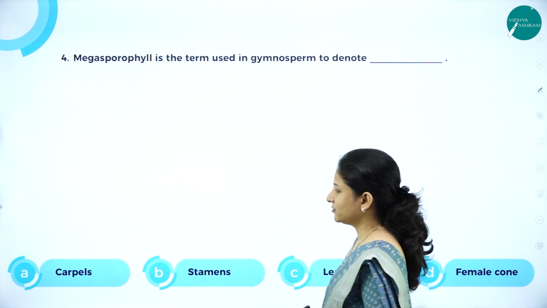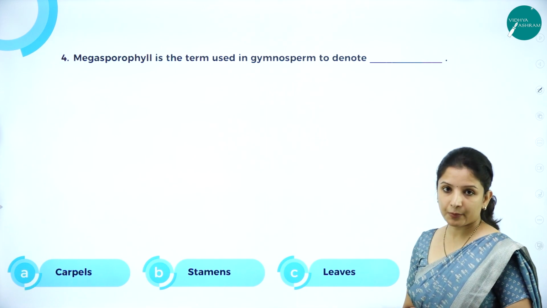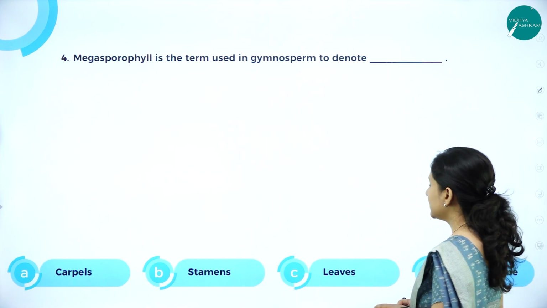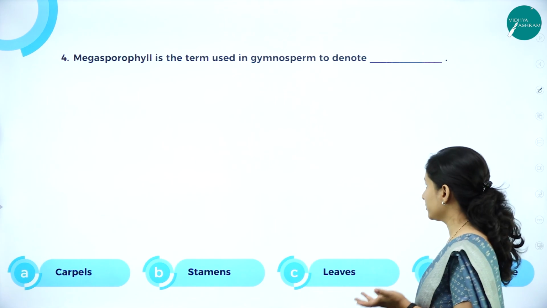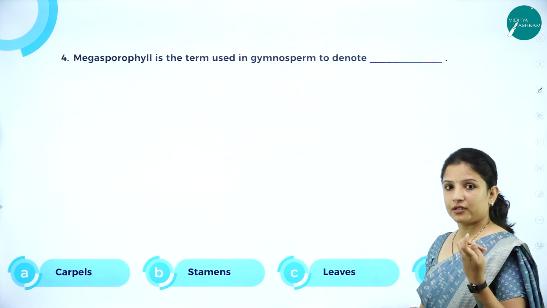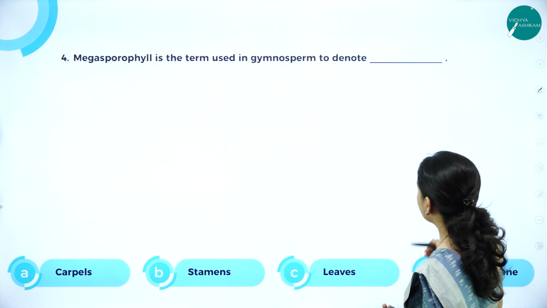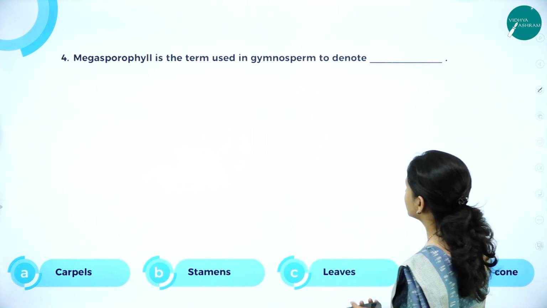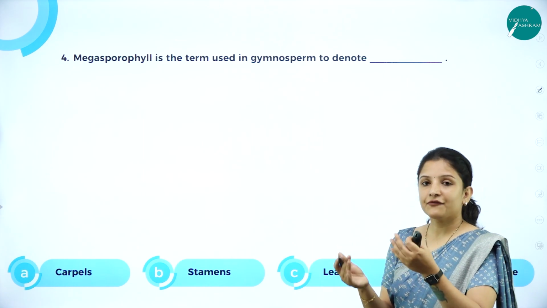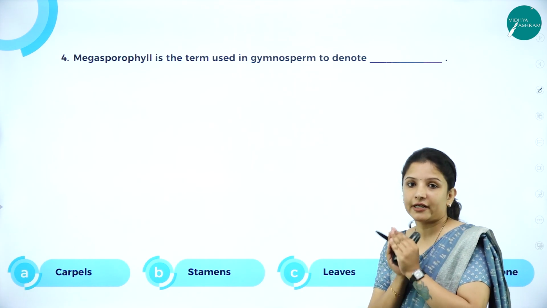Next, megasporophyll is the term used in gymnosperm to denote. Is it carpels? No, carpels come under angiosperm. Stamens, it is a male reproductive structure in angiosperm. Leaves, they don't participate in the reproduction. Of course, leaves bear the spores, but we need to use a particular term here. So therefore, it is a female cone, because these megasporophylls form compact structures, and I also told you mega means it is something related to the female.